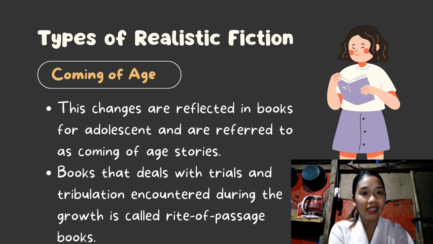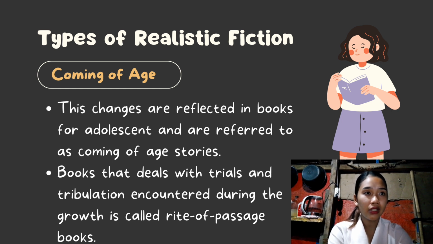As I can say, we are now tackling coming of age. These changes are reflected in books for adolescents and are referred to as coming of age stories. So, coming of age stories, books for adolescents reflecting life changes such as identity formation and emotional growth, are termed coming of age stories.